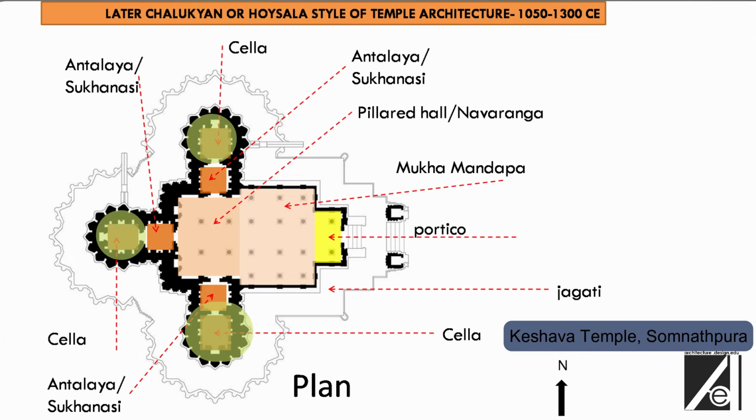Usually in the Hoysala temples one can find multiple sanctuaries, that is multiple cellas with their pillared halls. For example, in the Keshava temple at Somnathpura three shrines are seen. So the Hoysala temples usually are double, triple, quadruple and quintuple shrined temples.